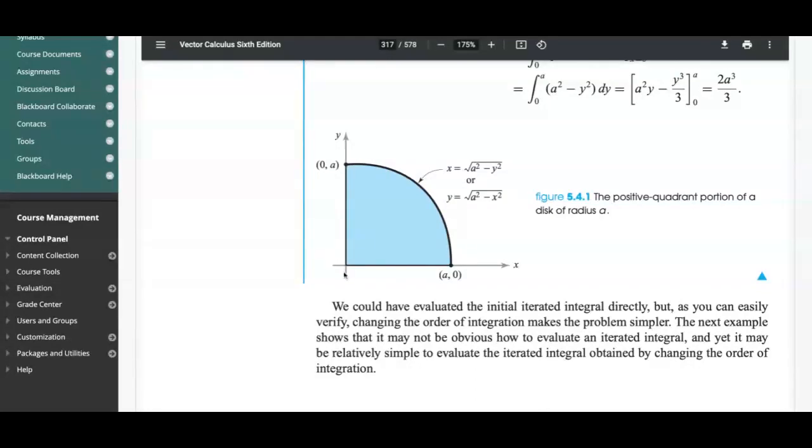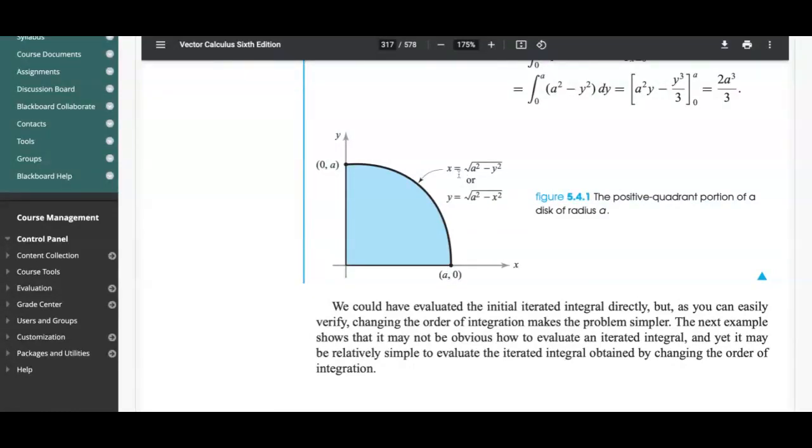Well, once we have this quarter circle picture, we reread it, right? Let's see, we fix the y direction. So y also goes from 0 to a. What about the x direction? The x direction goes from 0 to this quarter circle. What is the representation of this quarter circle, of x in terms of y?